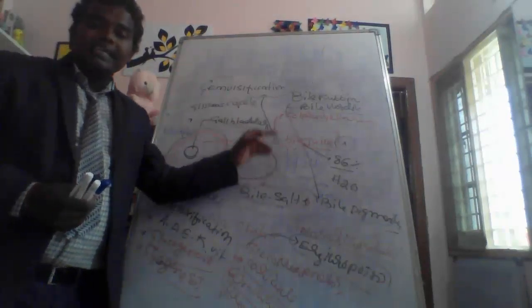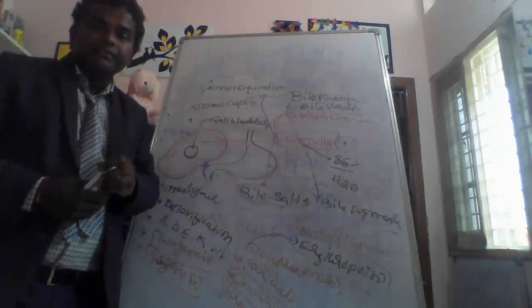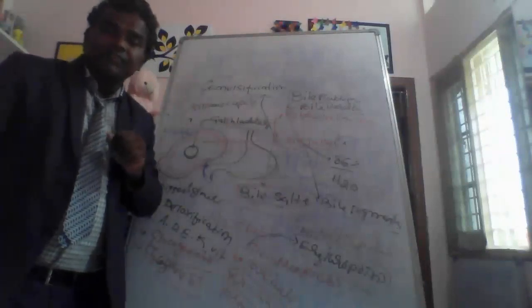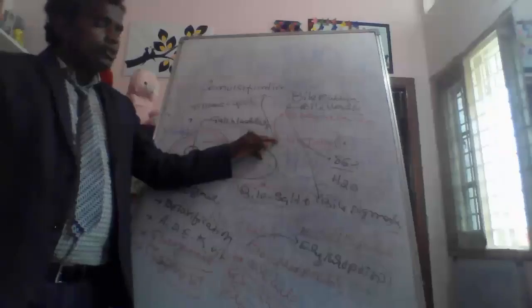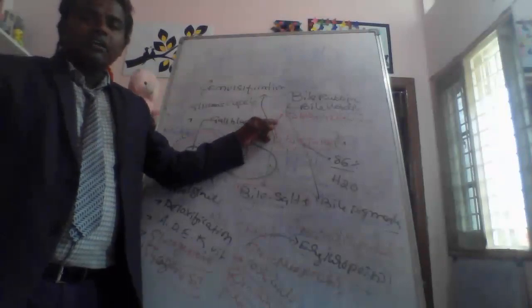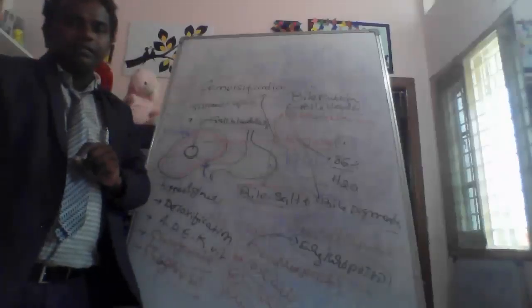How much percentage of water does it contain? 86. Okay, very good. Excellent answer. 86% of water is there, right? Next, the bile juice, which color? Golden yellow ash color, right? That is very important.